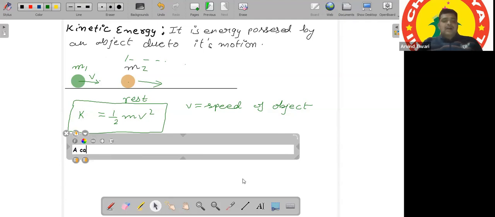You have a car of mass 20,000 kilogram, moving with a speed of 60 meter per second.